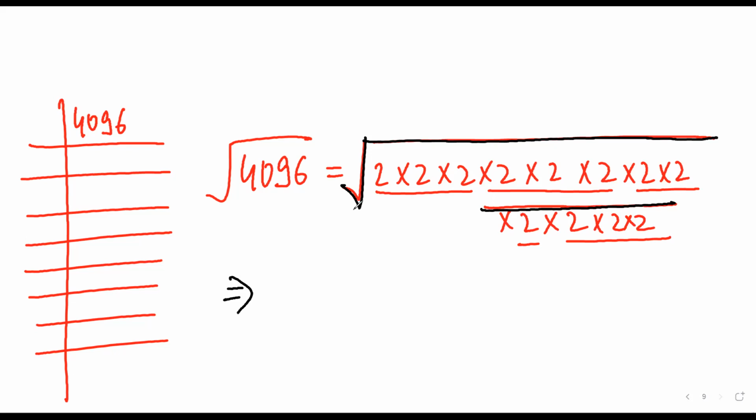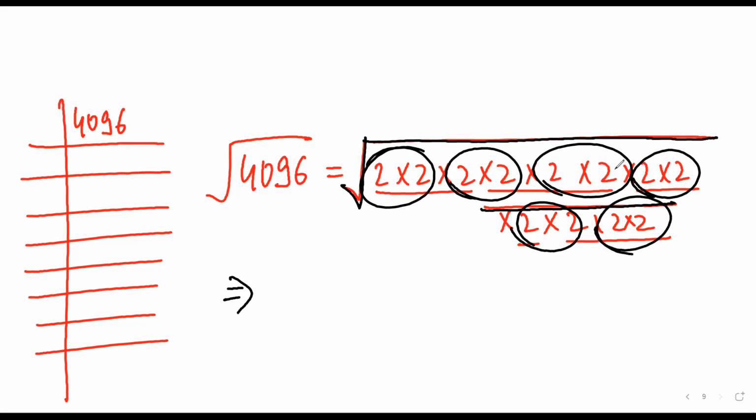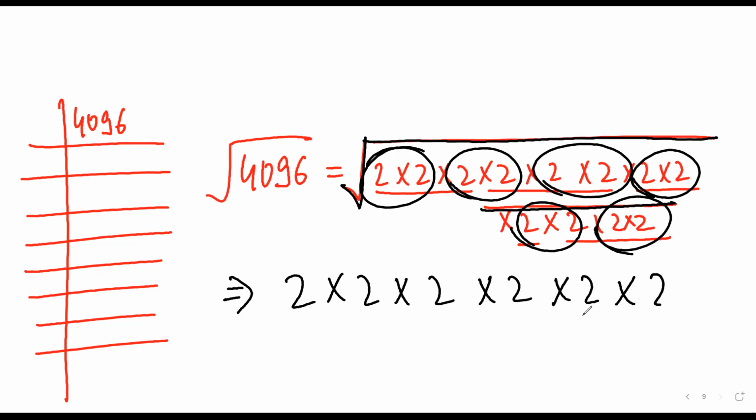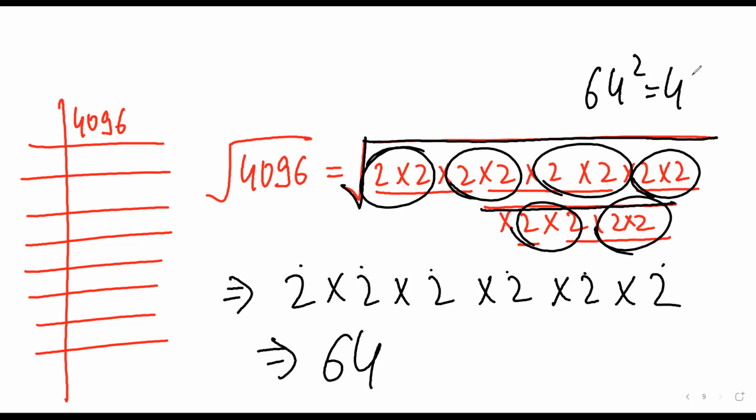Yes, sir. So now if you make pairs, you will have 1, 2, 3, 4, 5, 6 pairs. So this will be 2 into 2. The answer will be 2, 4, 8, 16, 32, 64. And again, if you want to check the answer, 64 square should be equal to 4096. Mr. Satya, any doubt? No, sir.